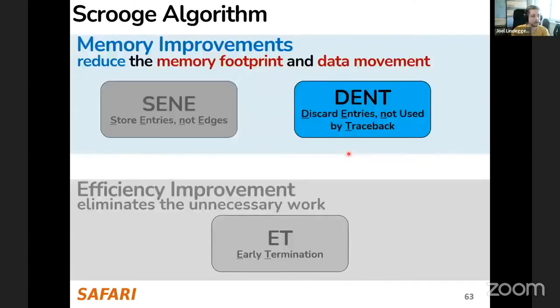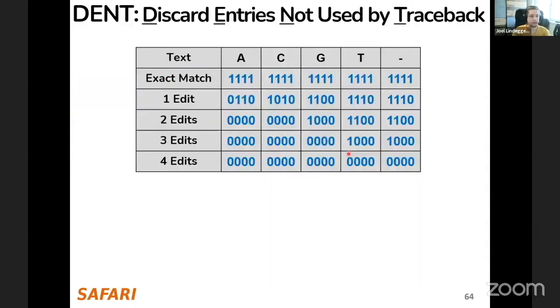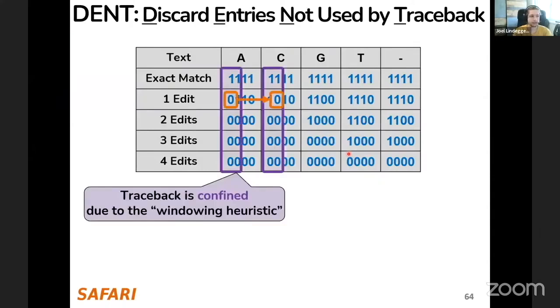Okay, then we have the Dent improvement, discard entries not used by traceback. And this one comes from the observation that traceback here is essentially confined to a small area in the dynamic programming table. This is due to the windowing heuristic. I didn't introduce this in detail. I would refer to the paper for that. But essentially, it turns out that due to this windowing heuristic, traceback can only go 2 bits to the right in a 4-bit table.